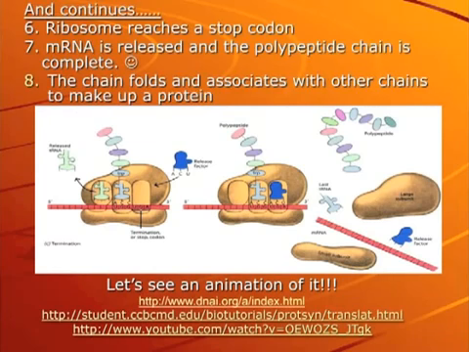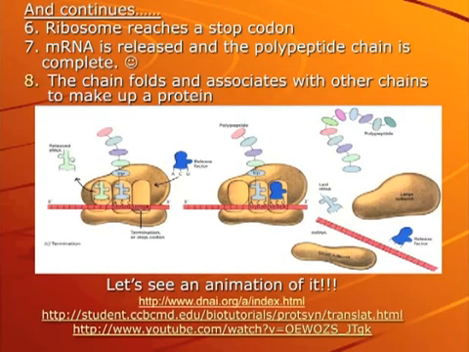Once it reaches your stop codon, and this is why the stop codons don't have amino acids for them, a release factor comes in, because there's no more amino acid to attach to. The amino acid chain gets released, and everything breaks up, and you end up with a polypeptide chain.